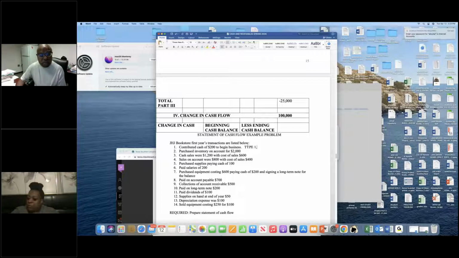But if we purchase this inventory on account, this is going to be what? A type 12. But that's not in 1 through 11. Scratch it out. So you got it. So we're going to scratch it out.